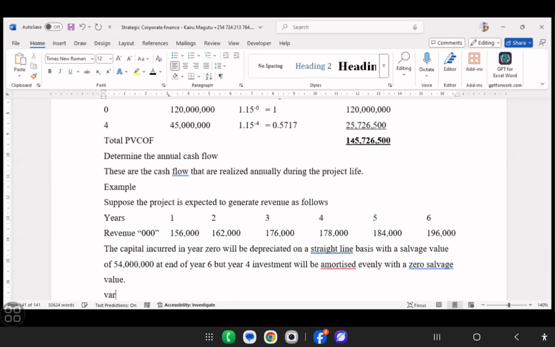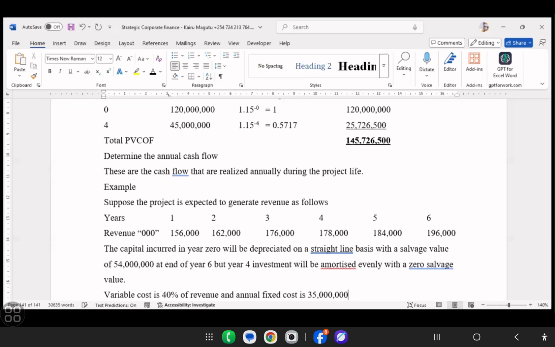We say that variable cost is 40% of revenue, and the annual fixed cost is 36 million. Yeah, like that.